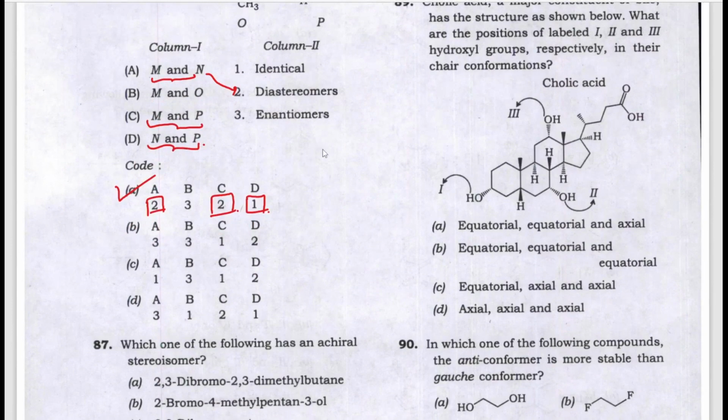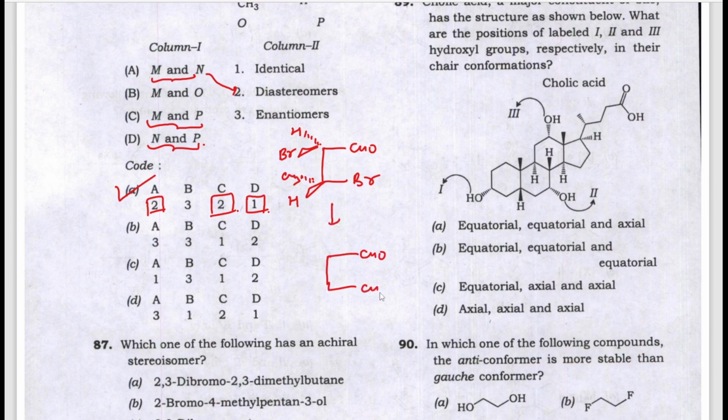For the B option, the structure of M can be taken as this. This is the wedge form of M. Okay. This is for M. Okay.